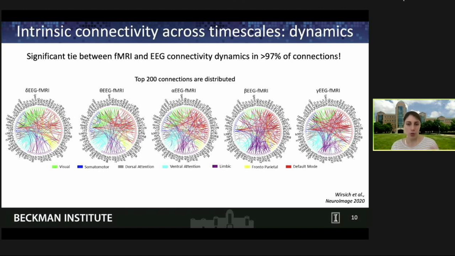Further analyses showed subtle differences for sure between the different frequencies, but it is not the case, for example, that alpha band connectivity would only occur in occipitoparietal areas and co-occur with fMRI there. It's really distributed everywhere. This is the example for alpha. It holds true for all frequencies.